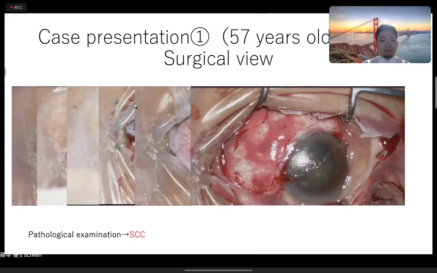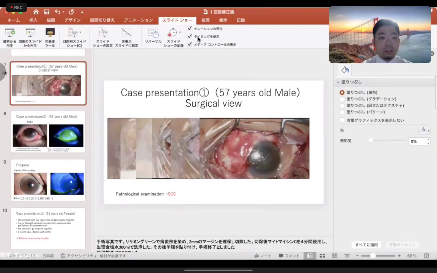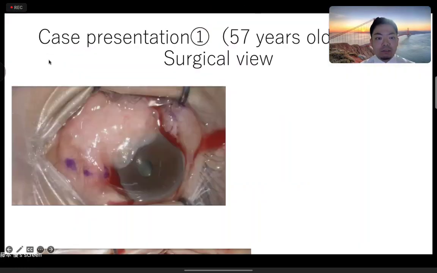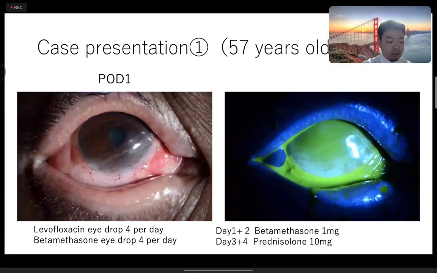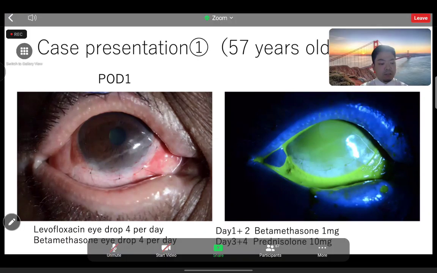Pathological examination is SCC. This is POD1 images. After the operation, levofloxacin and betamethasone eye drops were started, each 4 times per day.